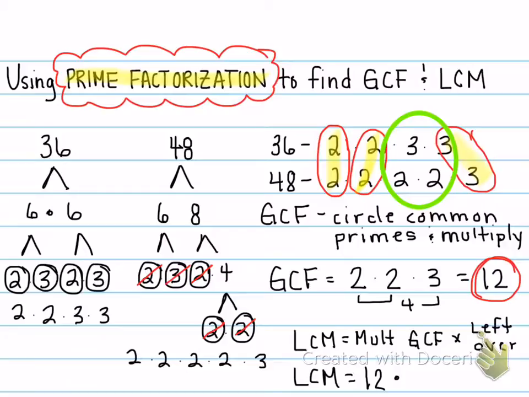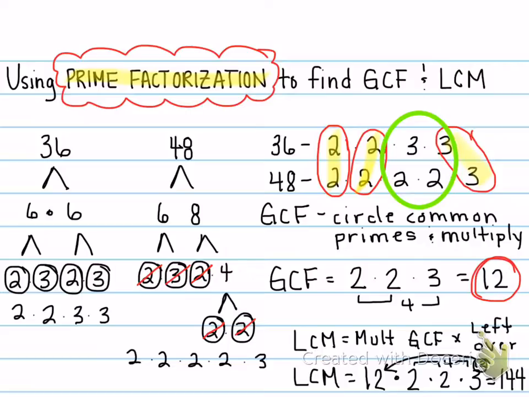So it's 12 times 2 times 2 times 3. So the GCF times the leftover. I know that 2 times 2 is 4, times 3 is 12. So that's the leftover. I'm going to take that 12 times the original 12. 12 times 12 is 144.